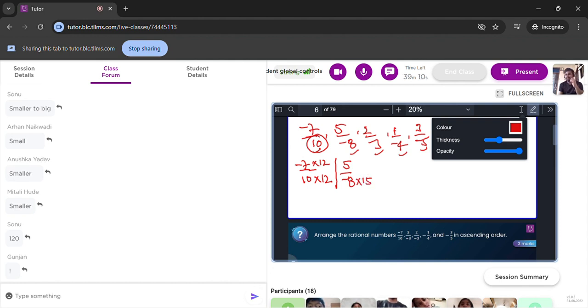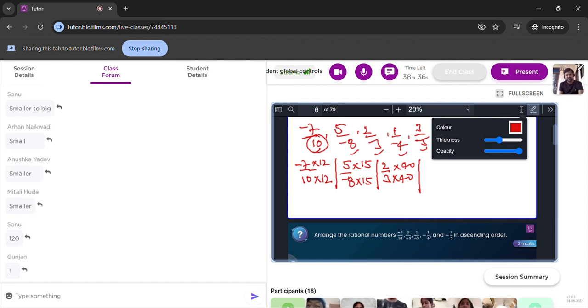Okay, so we have to multiply this 8 by 15, and multiplying the denominator by 15, we also have to multiply the numerator by 15. In a similar way, from which number will you multiply this 3 so that it becomes 120? 40. Okay, good. So if you multiply the denominator by 40, you also have to multiply the numerator by 40.